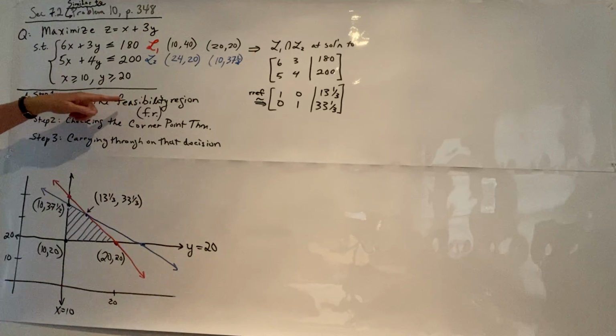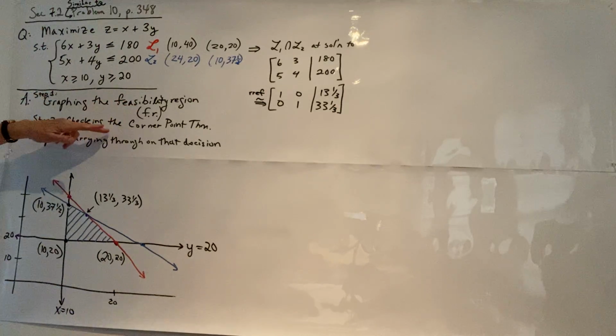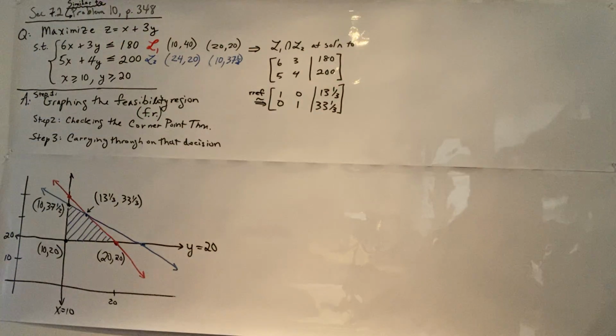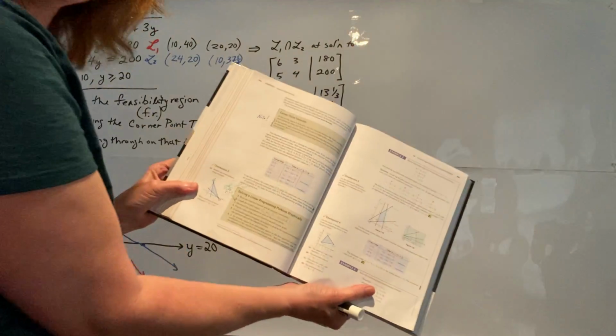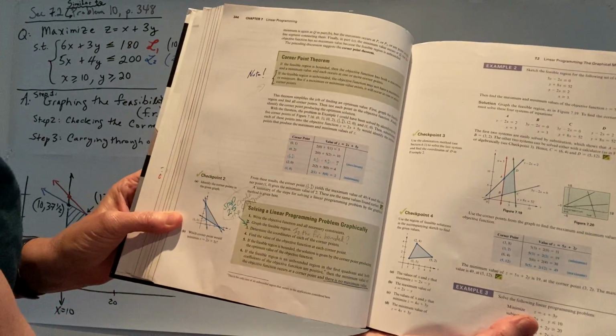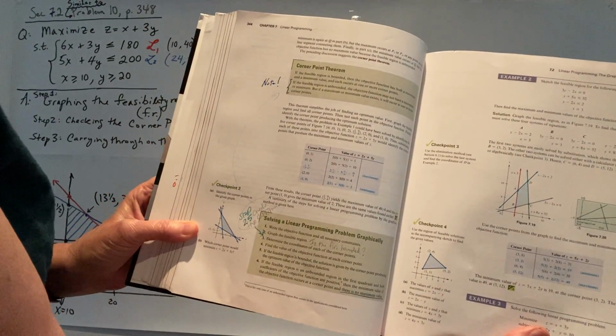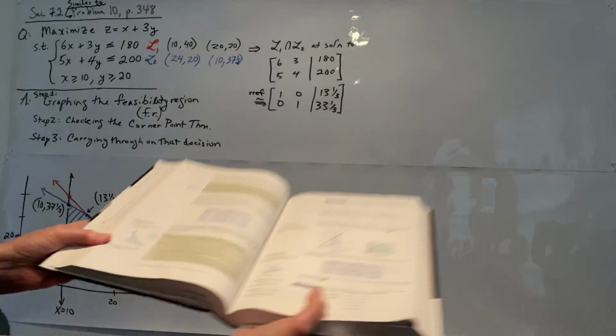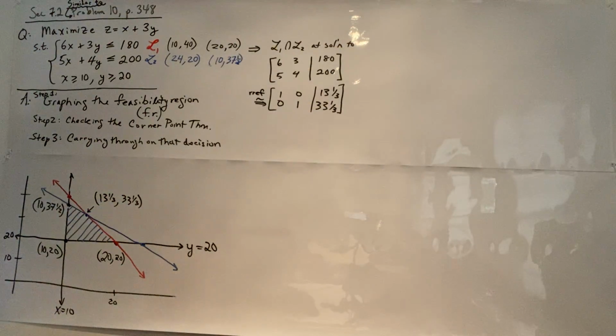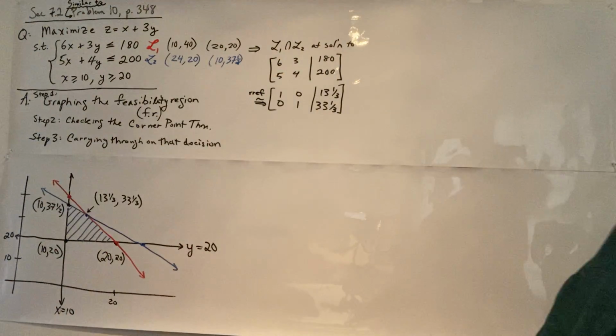After you've graphed the feasibility region, then you can check the hypotheses of the corner point theorem. Remember what that is. Right there, page 344. Okay. Is that region bounded? Yes. So since it's bounded, we can answer either maximum or minimum. You gotta state that. All right.